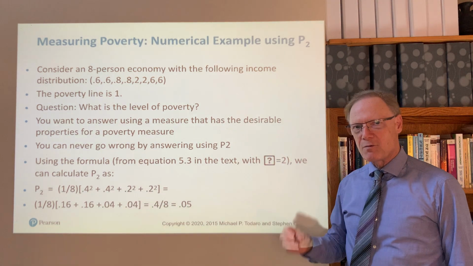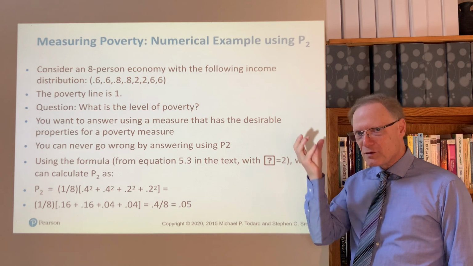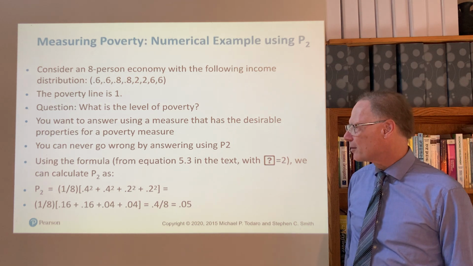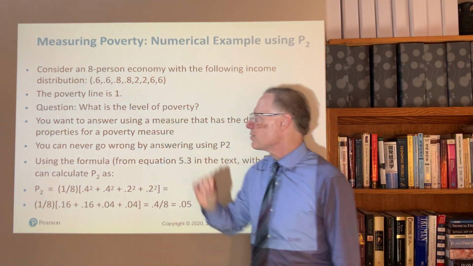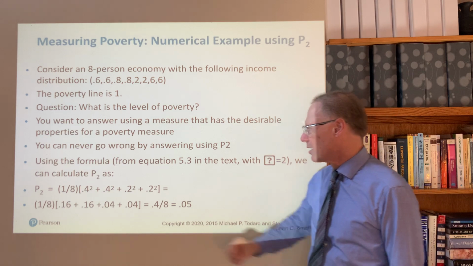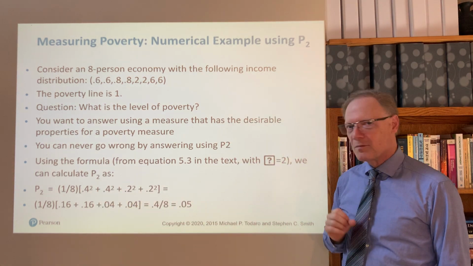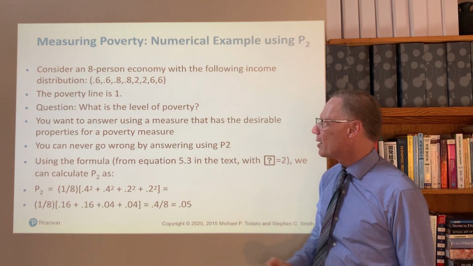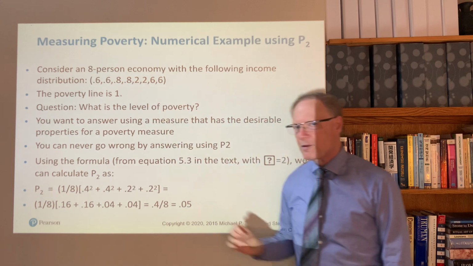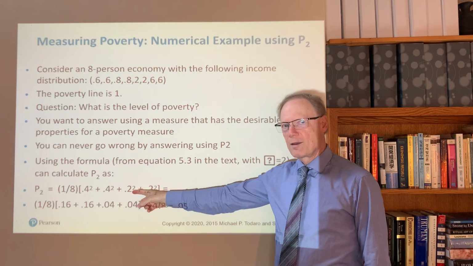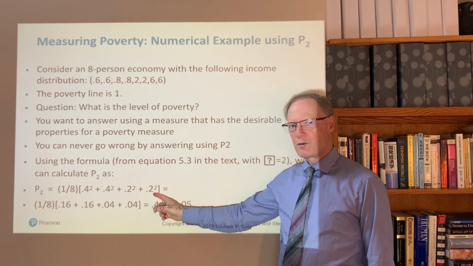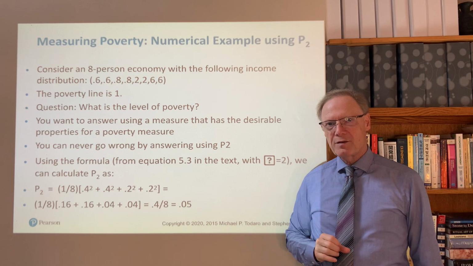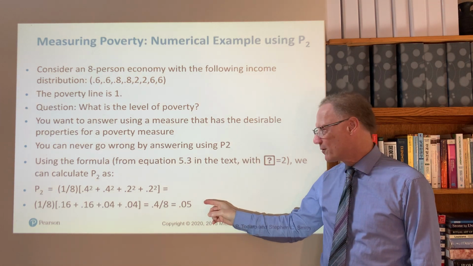Then, if you'll remember, we're taking this individual normalized squared poverty amount for each individual poor person. So there are 2 people, once again, whose shortfall is 0.4. So we have 0.4 squared plus 0.4 squared. These 2 people have a deficit of 0.2, so we have to add 0.2 squared and another 0.2 squared. Recall that the poverty line is just 1. The result tells us that the P2 value here is 0.05.